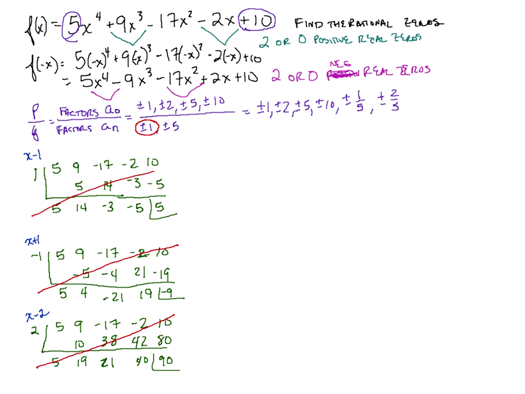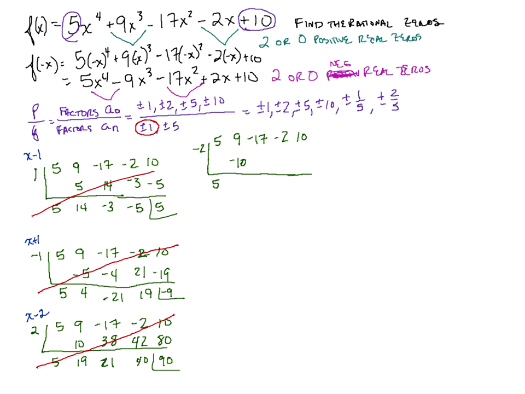Okay, so now we're going to try negative 2. And we have 5, 9, negative 17, negative 2, and 10. Okay, combine down, multiply.